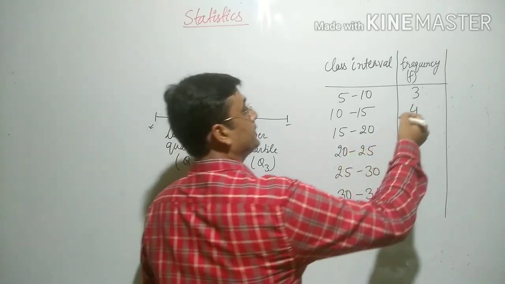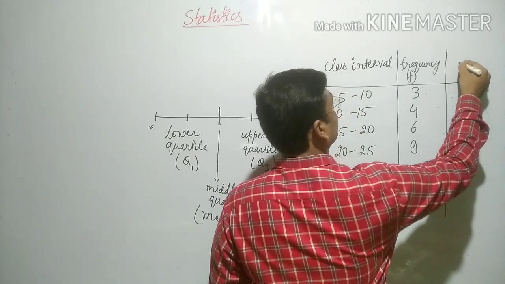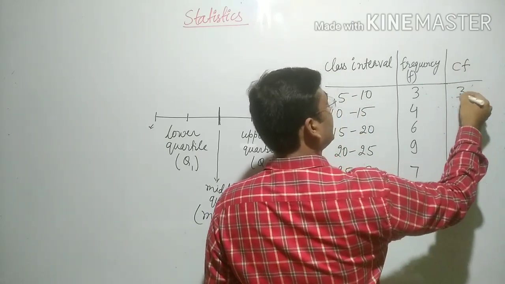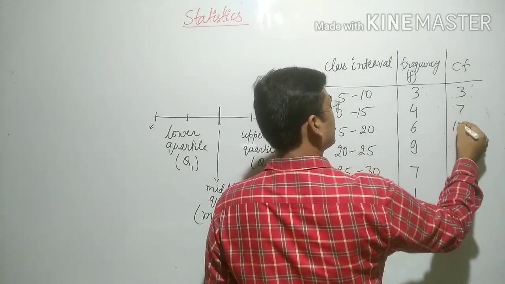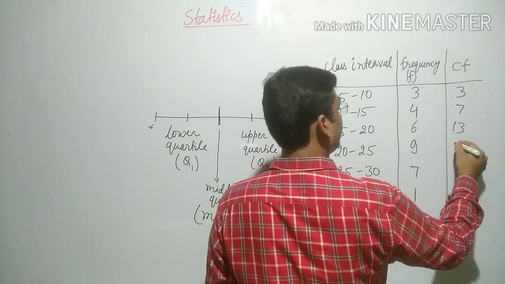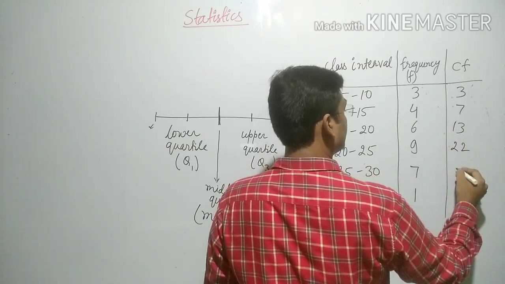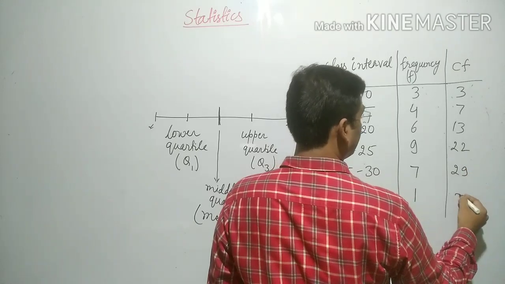So first of all we will find the cumulative frequency, the CF. It will be 3, 7, 13, 22, 29 and then 30.